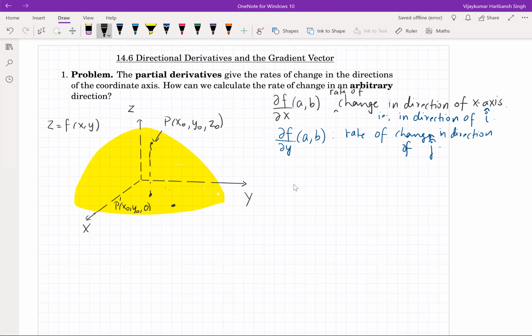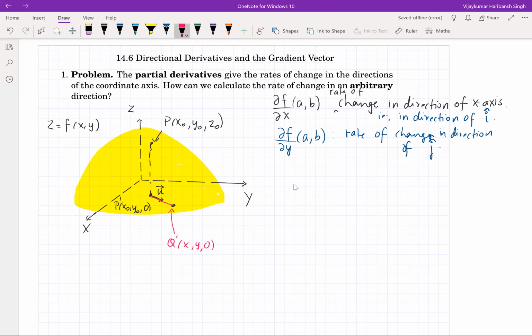So let u be the direction here. It's a unit vector u, and suppose this point is q prime, (x, y, 0).